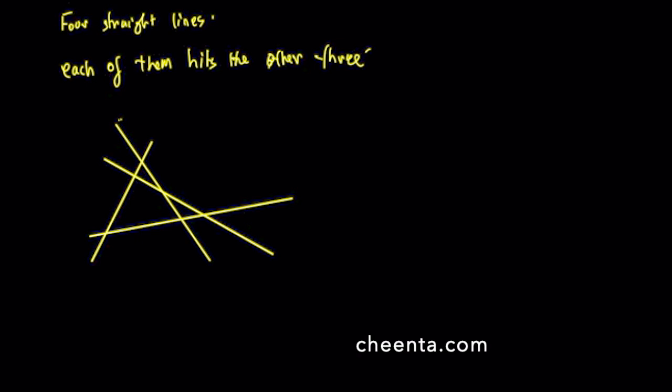Or four straight lines, each of them hitting the other three. We can show that there are four triangles formed in the process. So one is this blue triangle, one is this green triangle, and then you have this big red triangle, and then you have this one. So there are four triangles in this system.